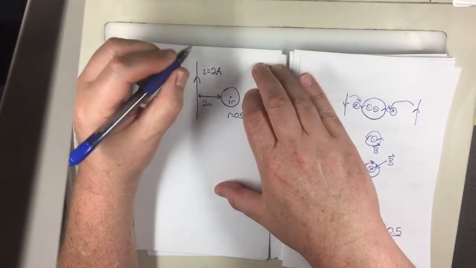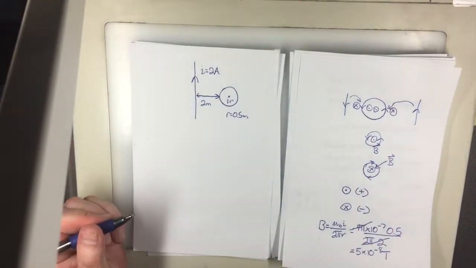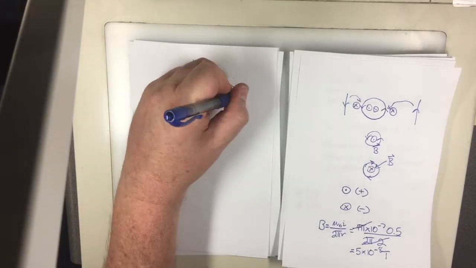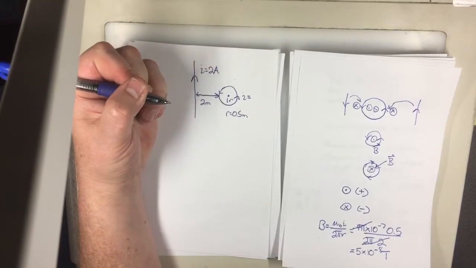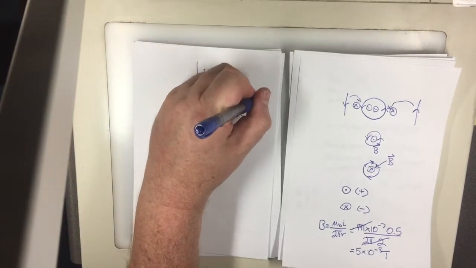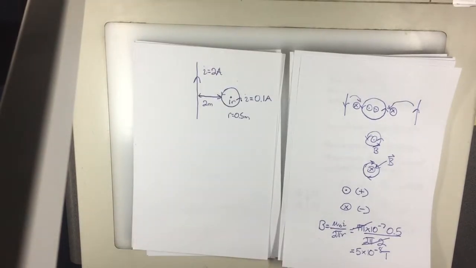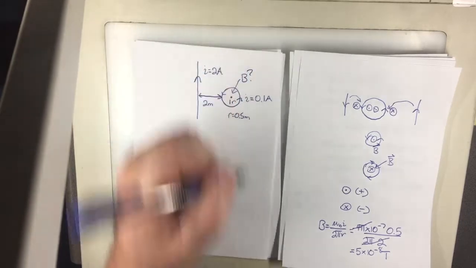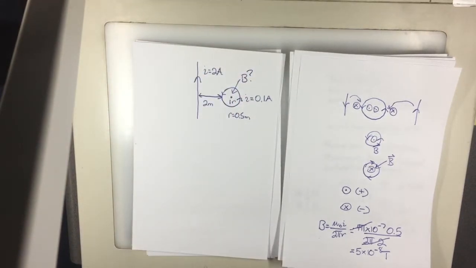And the current going through the circle is counterclockwise with an I of 0.1 amp. And I want to know the B field at that center. Is it into or out of the page?